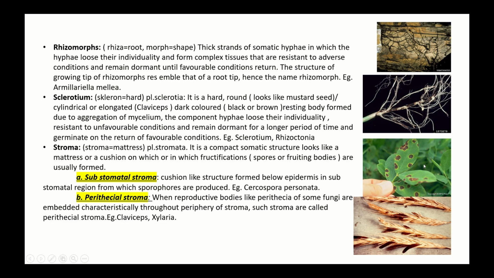Substromal is present below the epidermis, and perithecial stroma is spread around the perithecia. Substromal example is Cercospora personata in tikka leaf spot. Perithecial stroma is shown in wheat or perithecium.